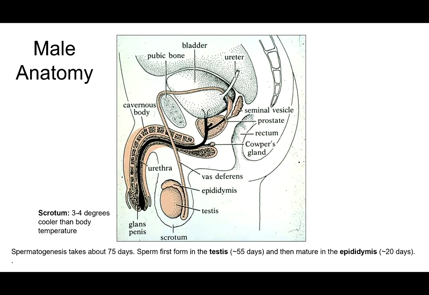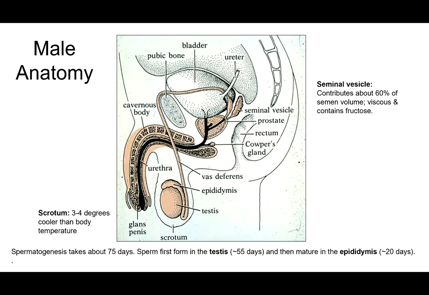Epididymis, of all anatomical structures, is my most favorite word. Okay, so the sperm have matured in the epididymis. With each ejaculation, there are 50 million to 500 million sperm. So there's a lot of work going on in the testes and the epididymis.